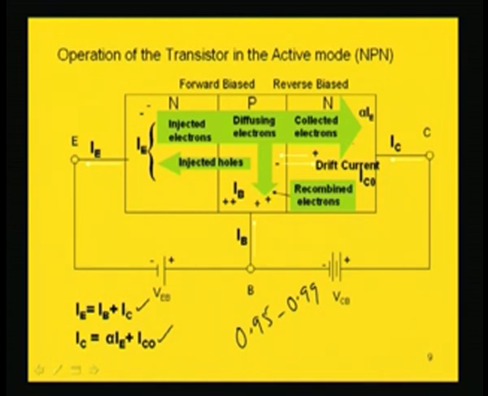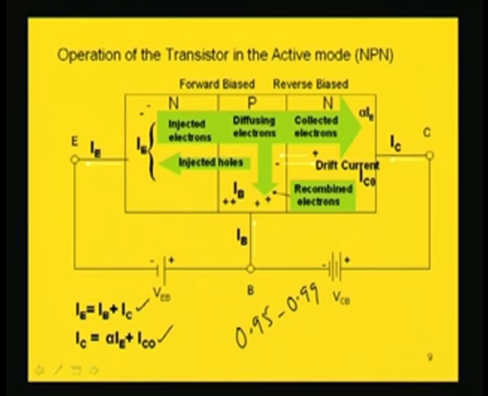So, if you look into the direction of current, still it is being satisfied, because IE is the outgoing current, IB is incoming into the transistor, and IC is also into the transistor, because this is alpha times IE, the electrons which reach the collector. From left to right these electrons are moving, so the conventional direction of current is from right to left. Similarly, IC naught is from right to left. So, the alpha IE direction and IC naught direction are in the same direction.